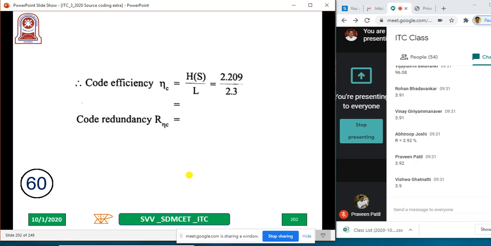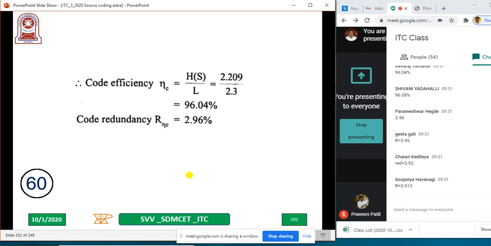Vijayalakshmi, Vinay, Abhirup Joshi, Vishwa, Vidya, 95.65. Vidya got that. Others have got 96 and 3.9%. Prajakta. Okay. Jaysurya has typed, Aditya and Preeti have typed the same 96%. Devraj 96.04. Parmeshwara 3.96. Geeta 3.96 redundancy. Okay. I'll show you the answers.